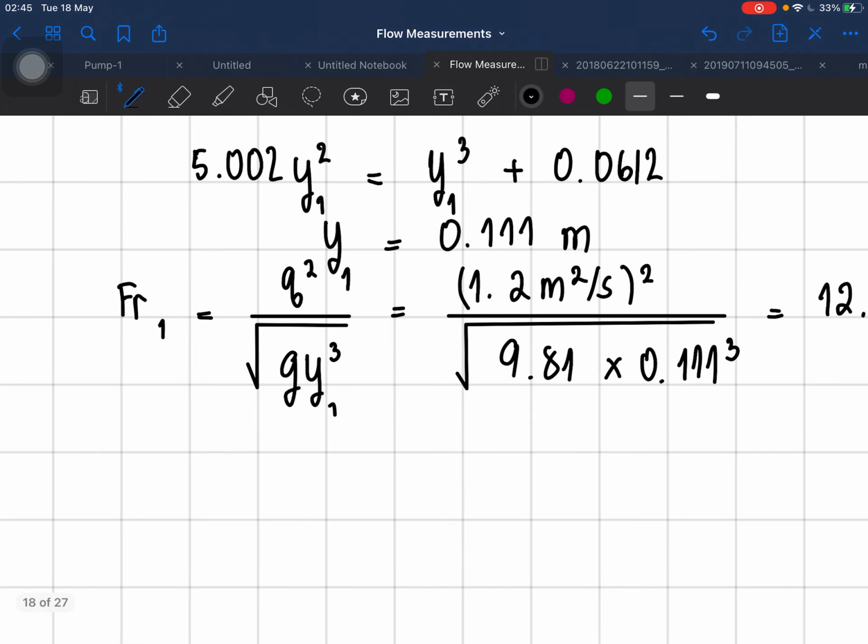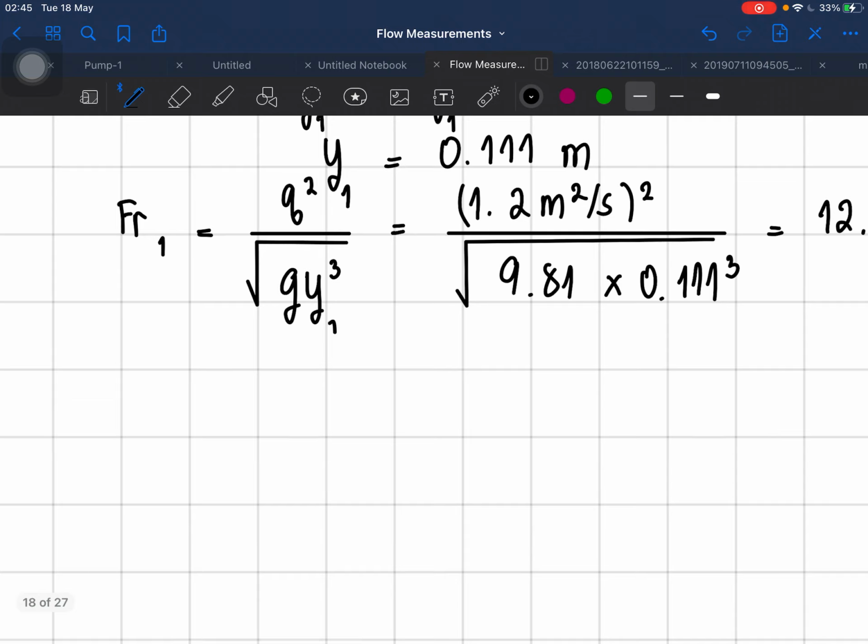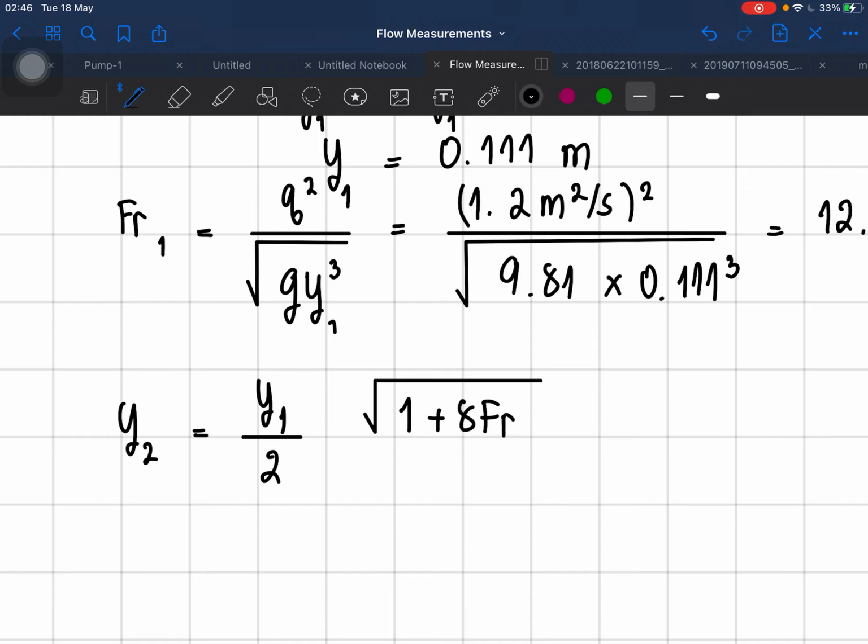I think you have seen this equation before in our class. y1 equals 1 over 2, right? Half of it, square root of, or seen from my previous video, plus, I'm not sure if it's in class or in my video anymore.